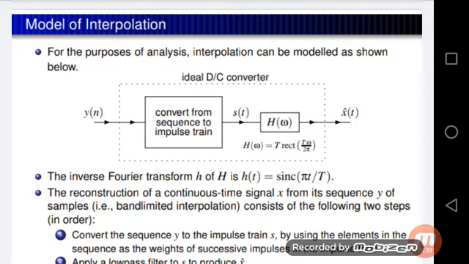Interpolation is like a converter which converts the wave from one form to another form, for example discrete signals to continuous time signals.